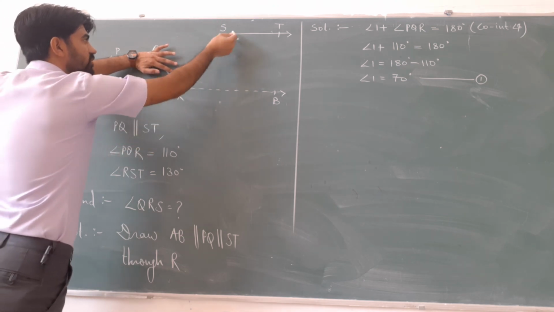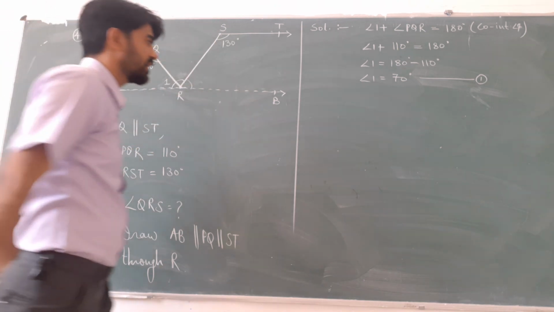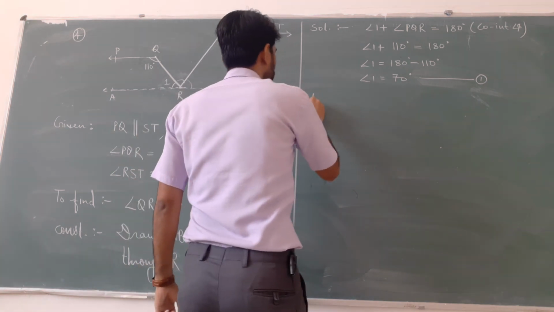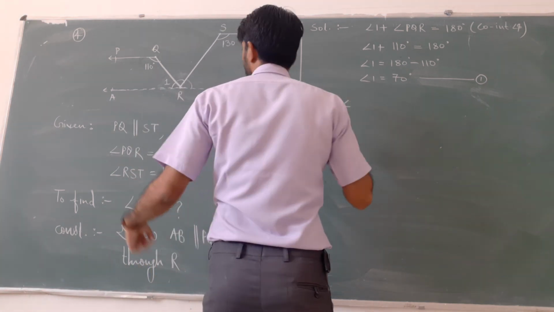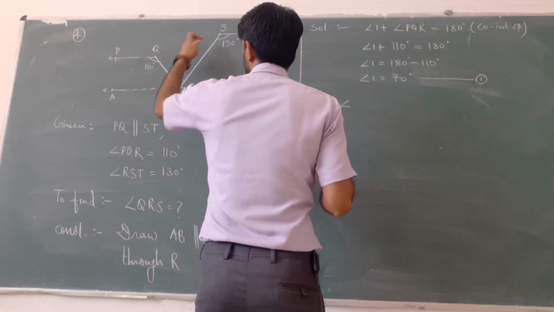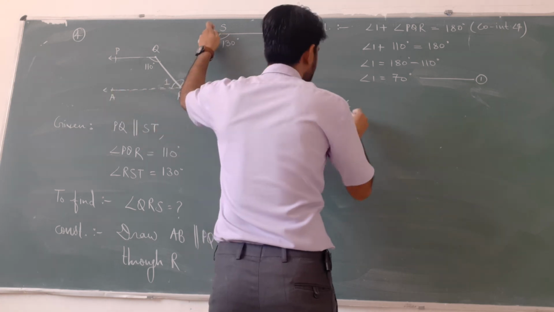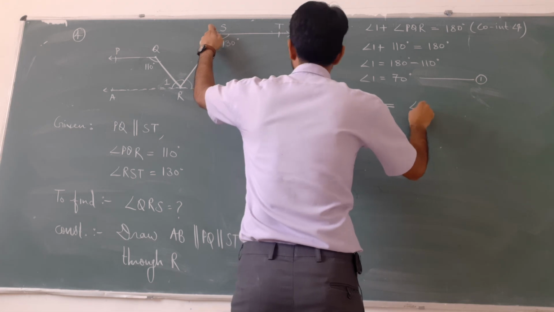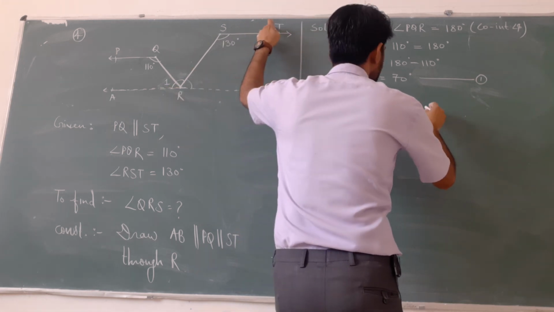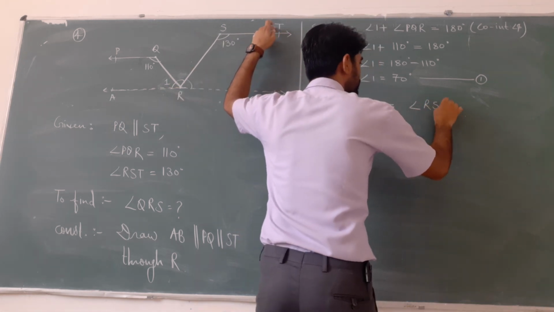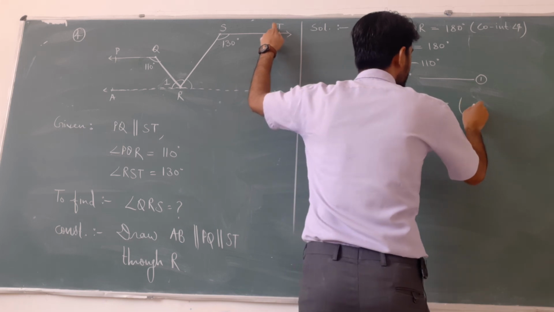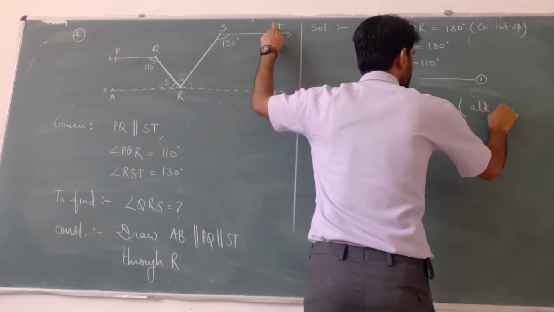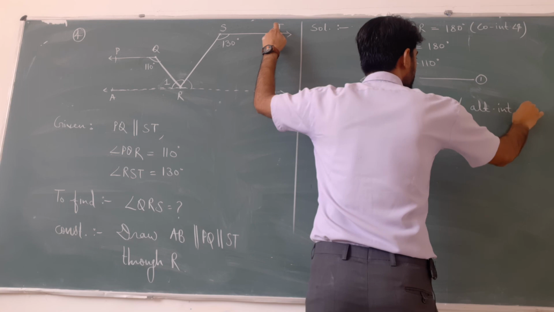This angle is equal to this angle, alternate interior angles. Now, angle ARS is equal to angle RST. Reason is alternate interior angles.